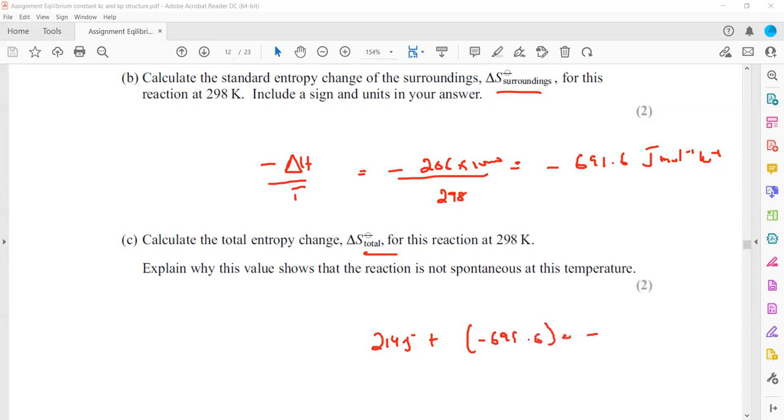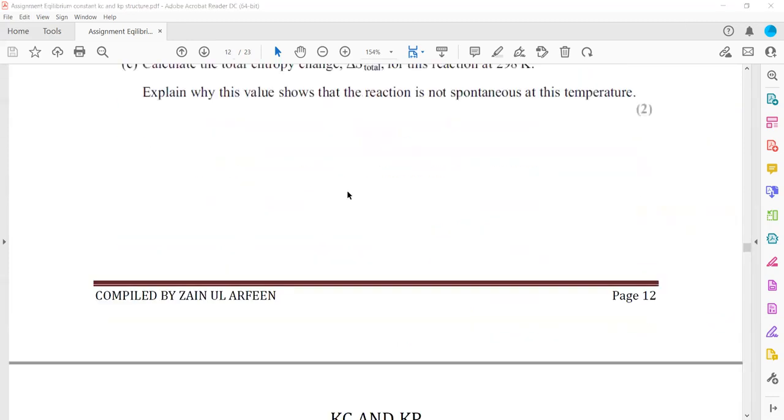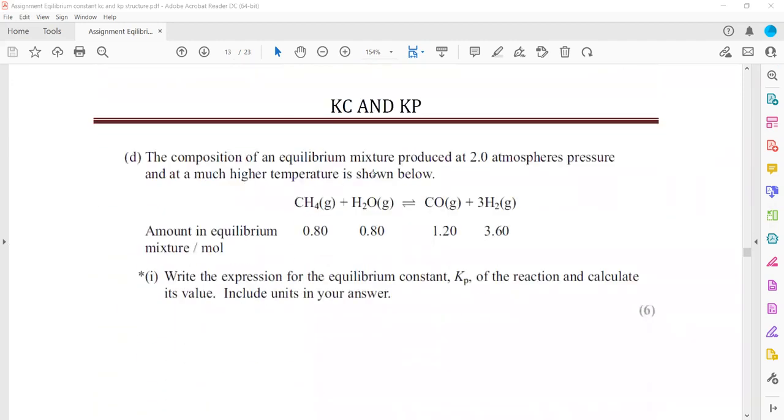When we simplify, we get a negative answer, minus 477 joule per mole per Kelvin, or minus 0.477 in kilojoules. So the total entropy change is negative. What does it give an idea of? It gives an idea that this reaction is thermodynamically not feasible, that is, non-spontaneous.